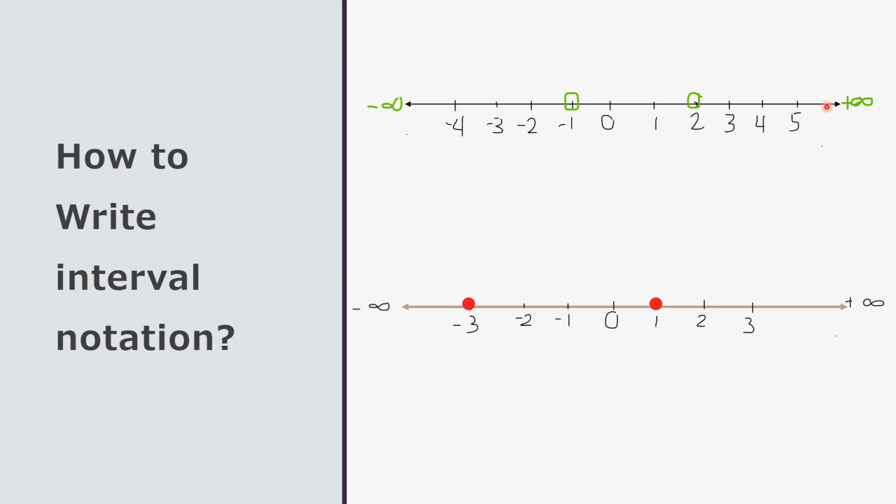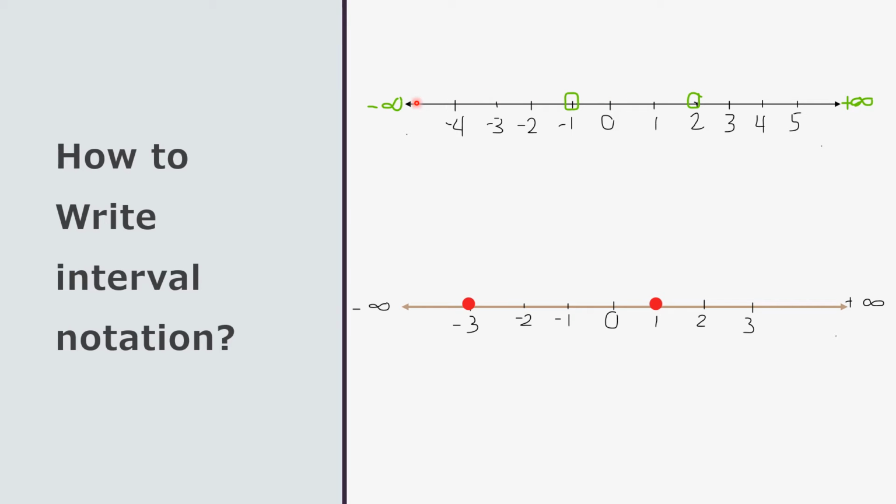Now, look at this one. The number line is now divided into three parts or three regions: from the left going to negative infinity, from negative 1 to positive 2, and from positive 2 to positive infinity.